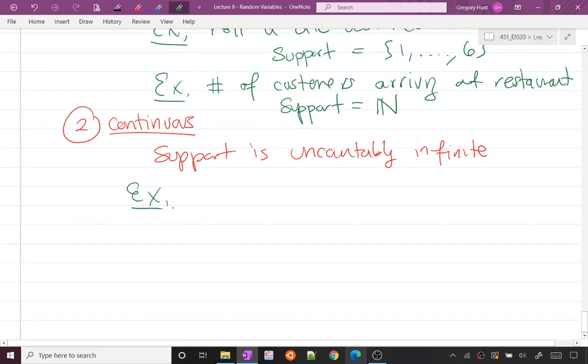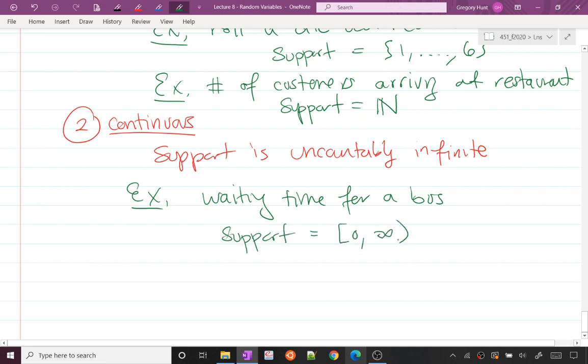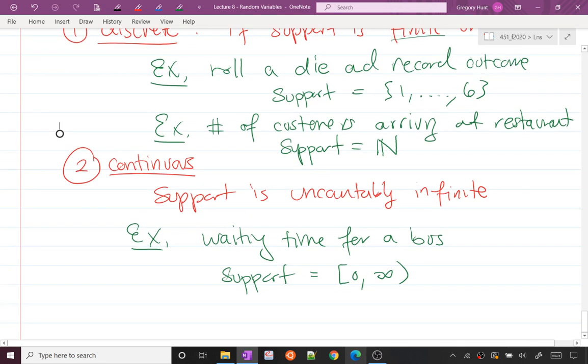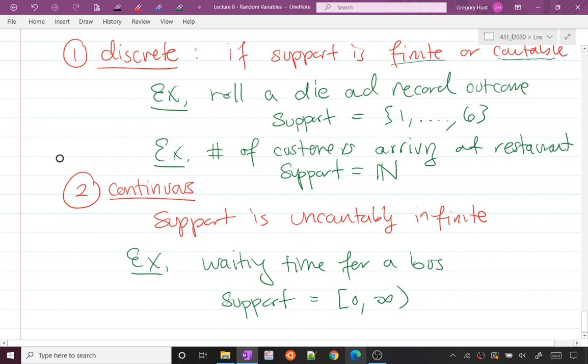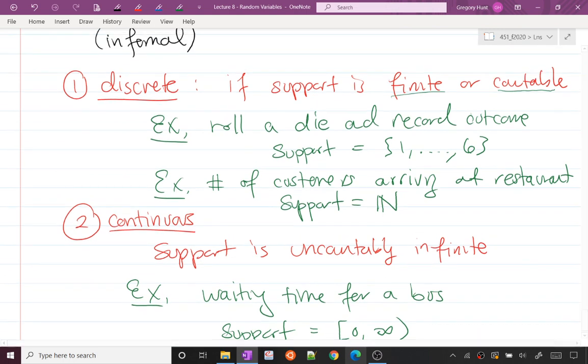For example, my random variable is the waiting time for a bus. Maybe the support of this random variable is anything from 0 to positive infinity, right? It can take on any value in a continuum, so we call them continuous. Not a formal definition, but we'll get to that eventually. That's how people think about it. These are the two major categories: a random variable is typically either discrete or continuous, at least for univariate random variables.